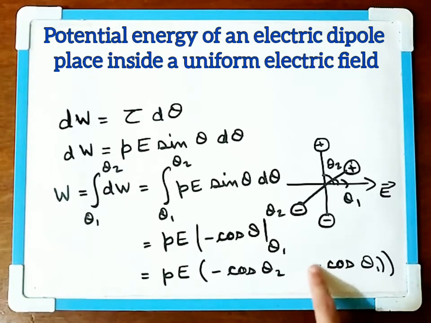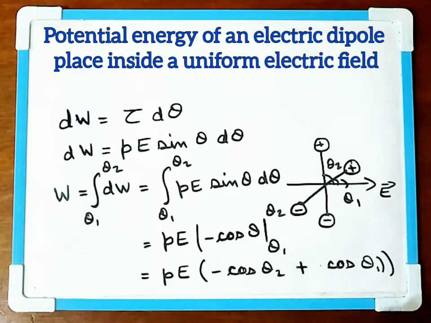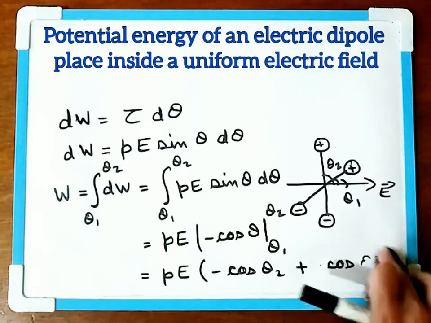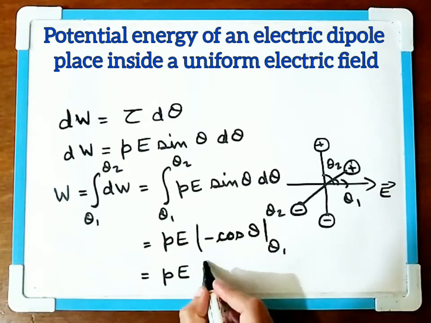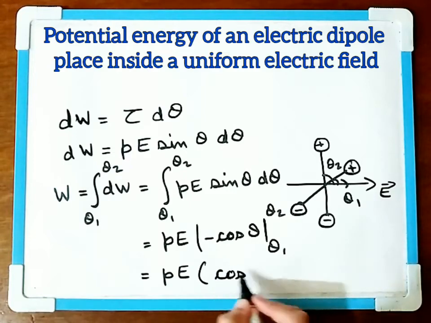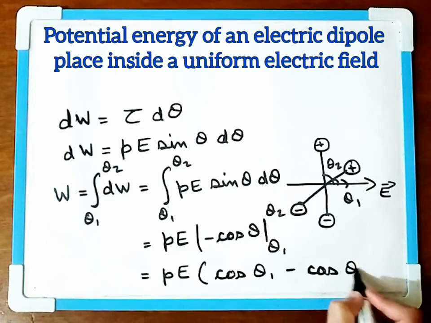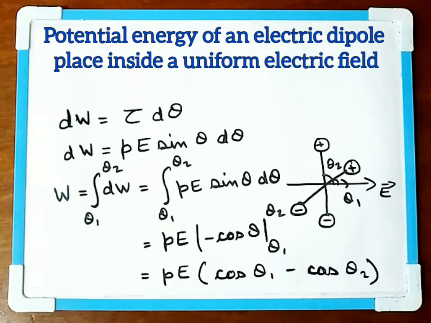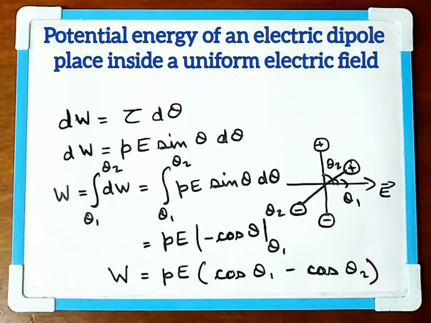Hence, I can write this as PE into cos theta 1 minus cos theta 2. So this is the work done in displacing the dipole from theta 1 to theta 2.